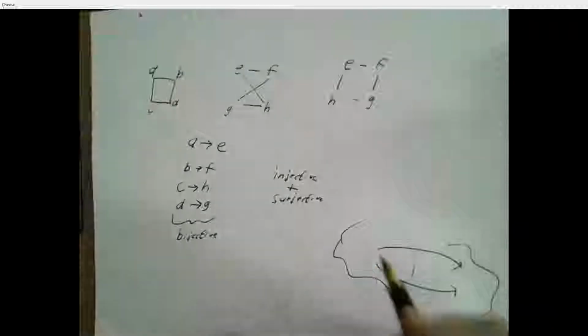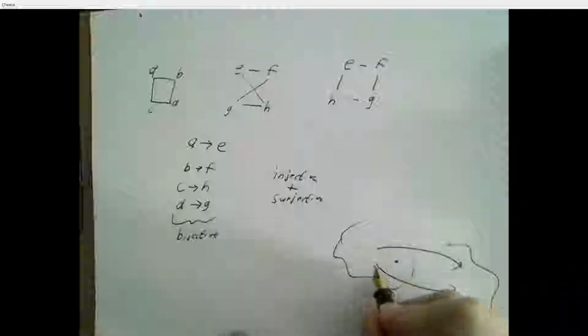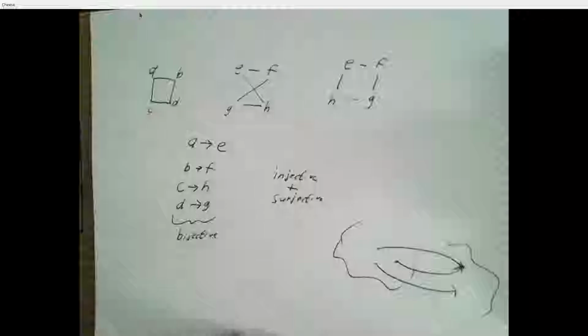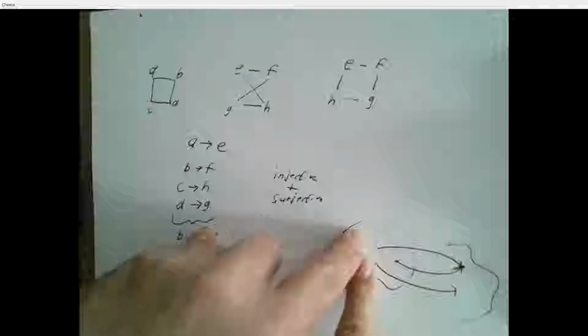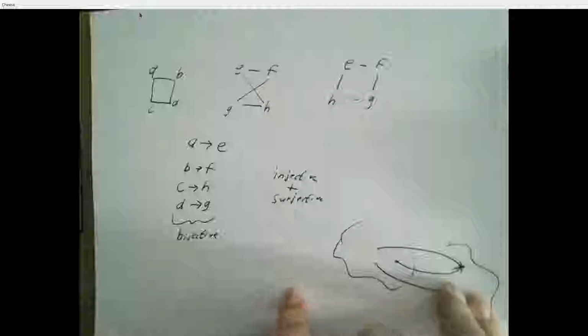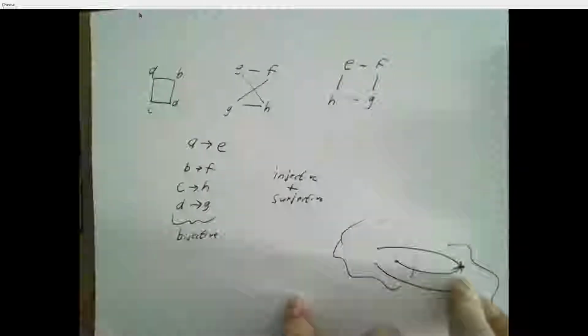All right, we have different points over here going to different points over here. As soon as I have 2 points going to the same place over here, it's no longer injective. So injective is also one-to-one. It means that everything over here maps to something unique over there. Okay, different points map to different values.